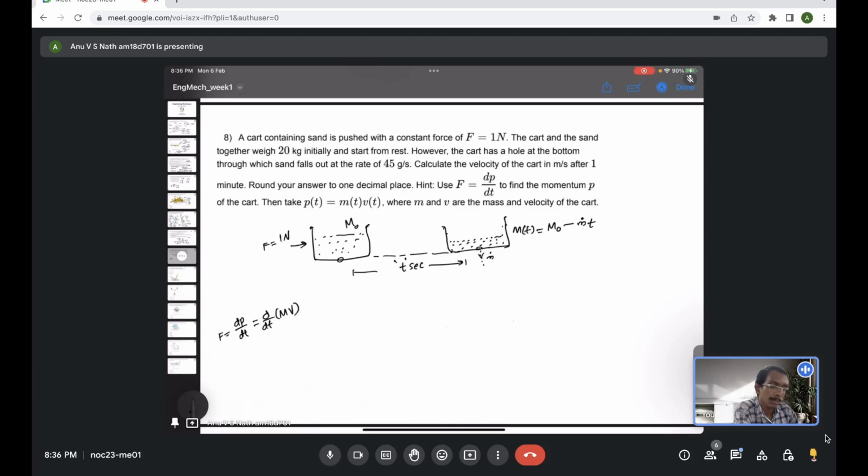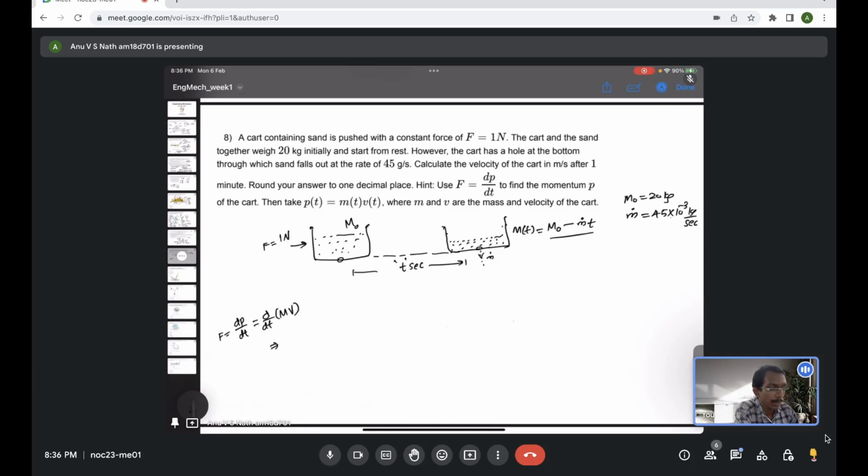Now both m and v are functions of time, so we cannot just randomly take m outside the derivative, because m is m0 minus m dot times t, where m0 is 20 kilogram and m dot is 45 gram per second. To make everything in the same unit, it's 45 into 10 raised to minus 3 kilogram per second.